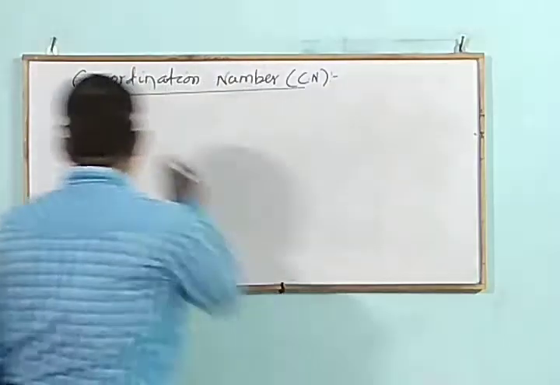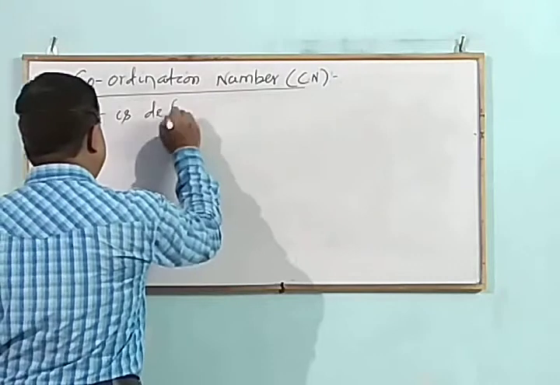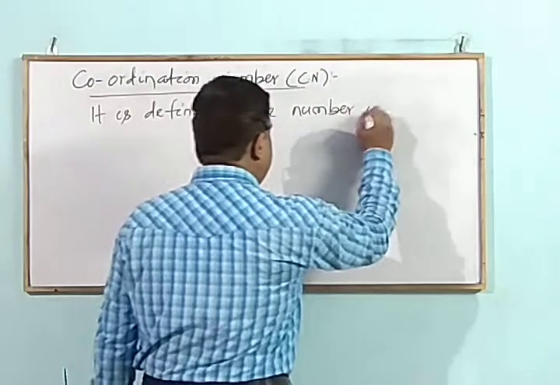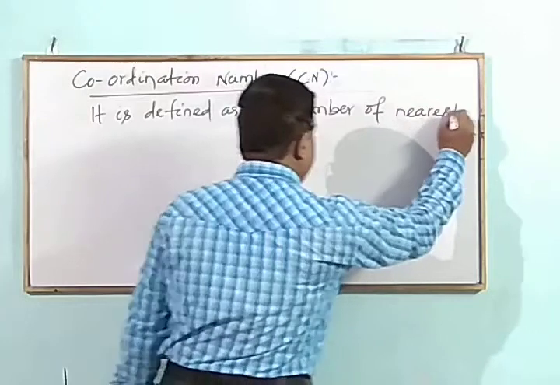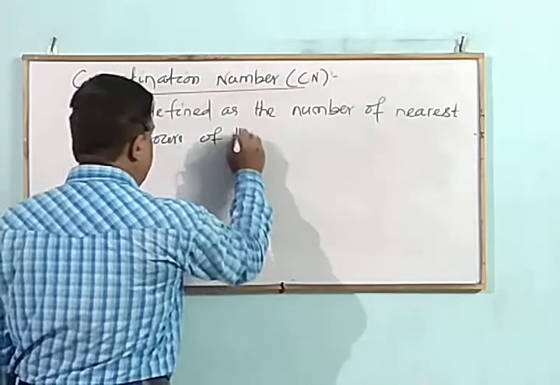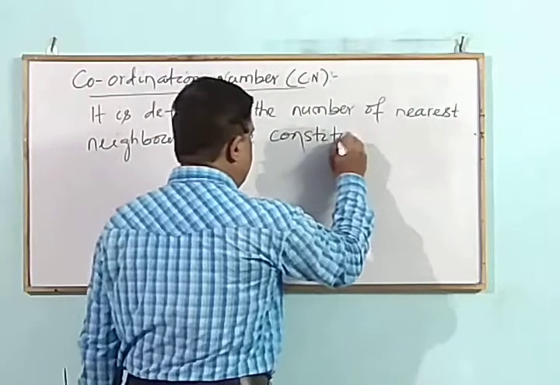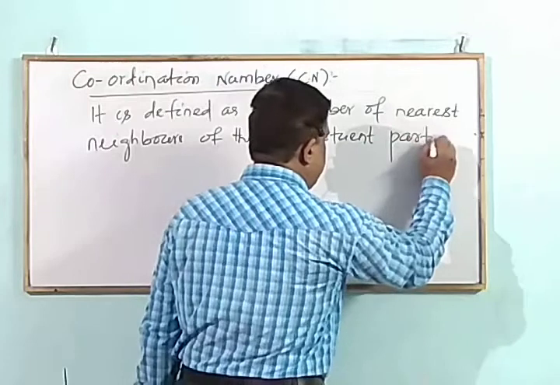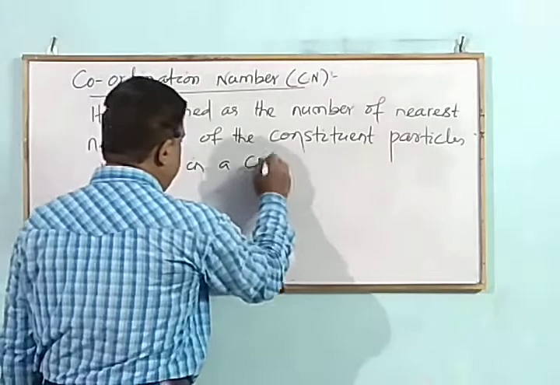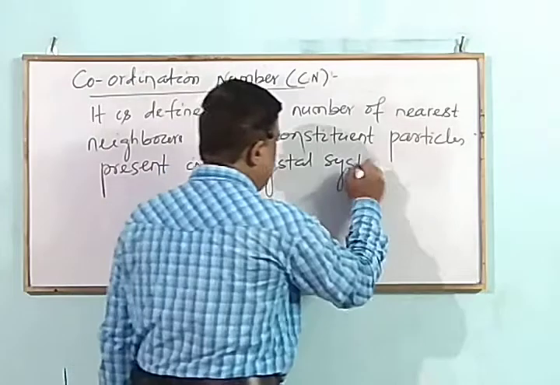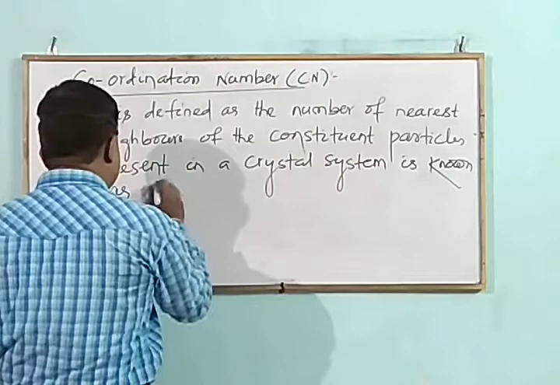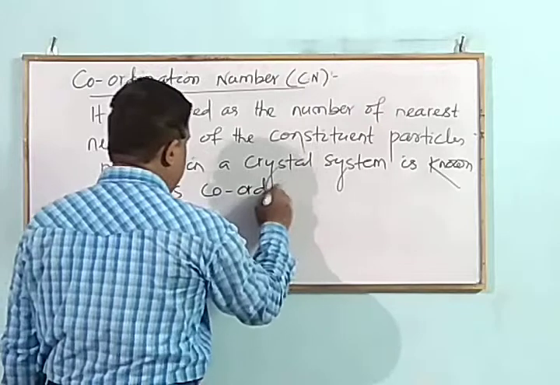Mark that. It is defined as the number of nearest neighbors of the constituent particles present in a crystal system is known as its coordination number.